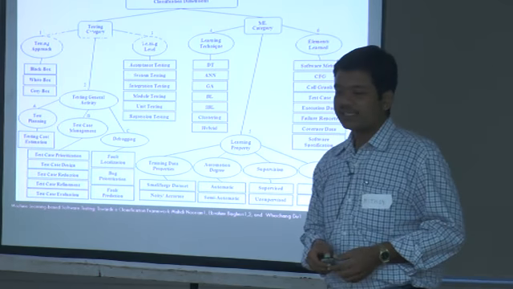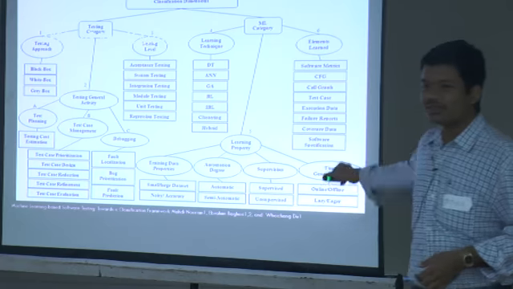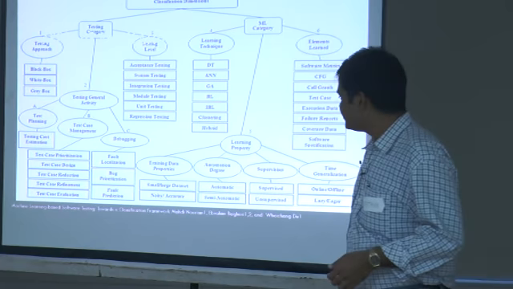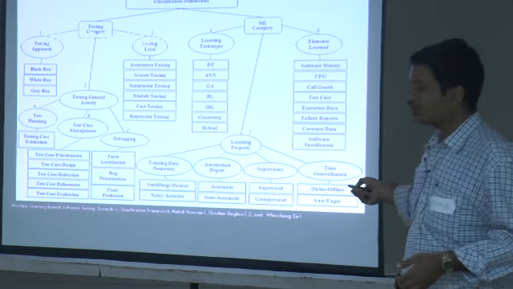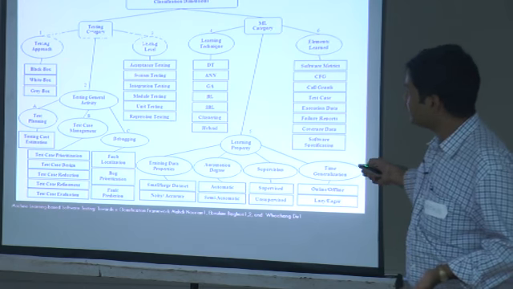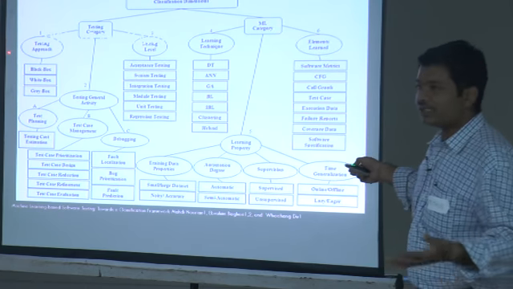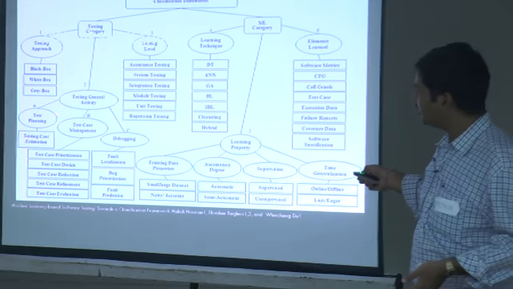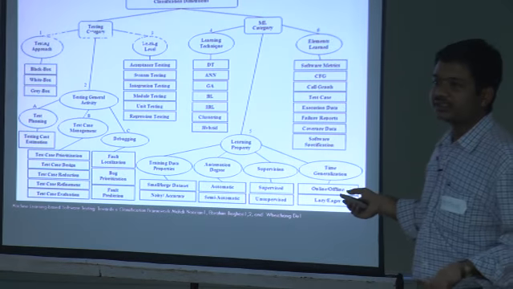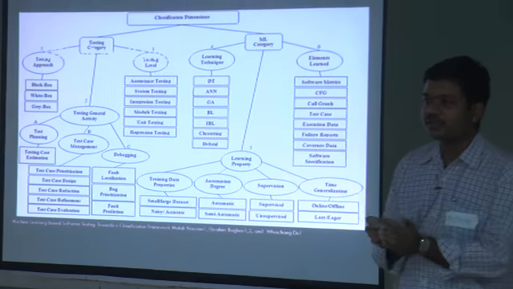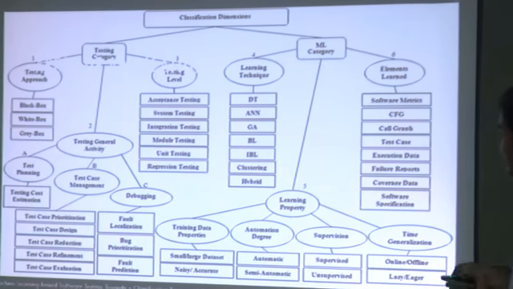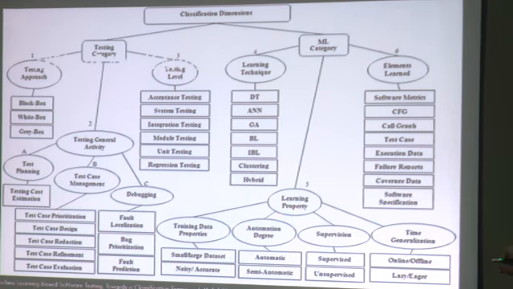Overall, coming to the classification, it might not be clearly visible. This is from a paper on classification algorithms. We can go with black box, white box, or gray box as the testing approaches, and depending on the problem space that we want to tackle, we might go with various machine learning techniques.